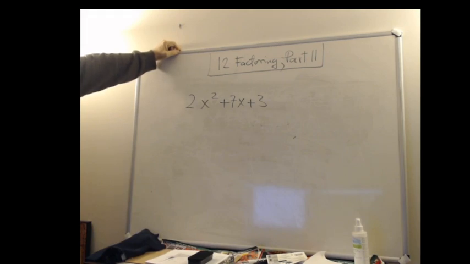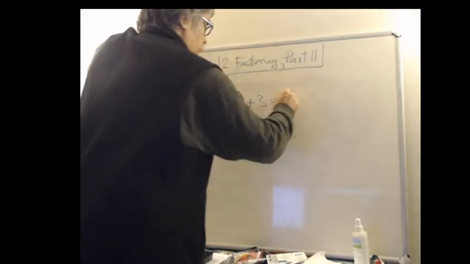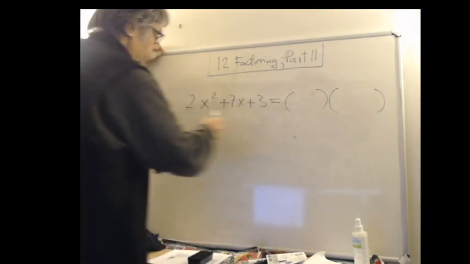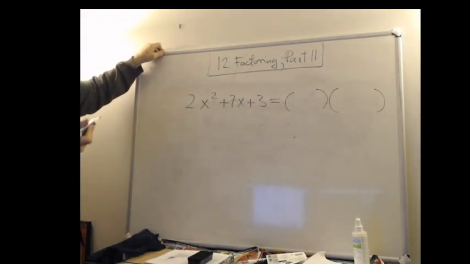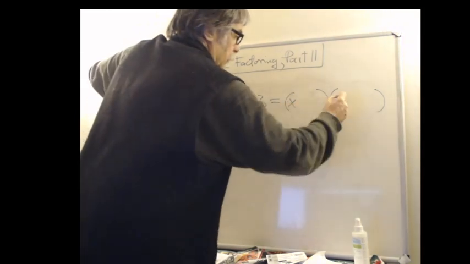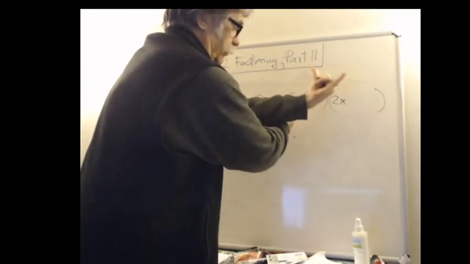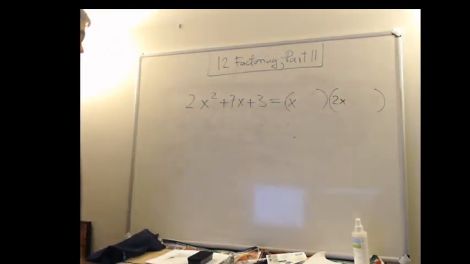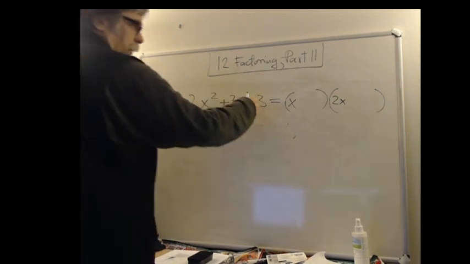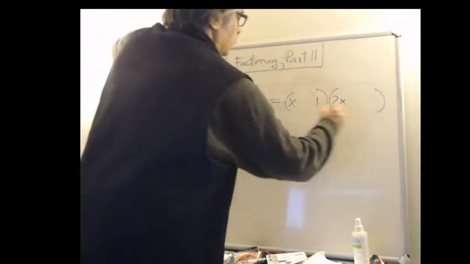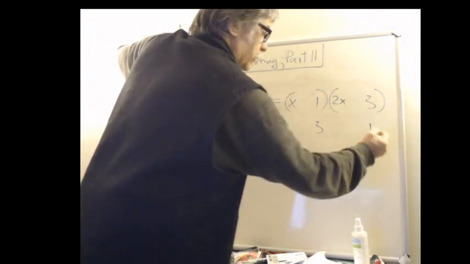It's not a prime. And the factorization is going to work again in a way that you're going to have the first and first to be this guy. So you need to have an x and 2x. You can say I can have 2x and x. Yeah, but that doesn't make any difference because you can switch this, right? So I can always put the smaller one forward. And then also the last times last has to be 3. So you have 2 options. These 2.